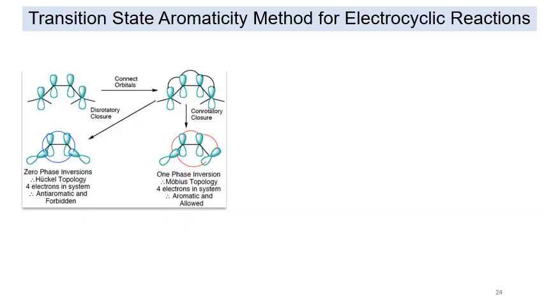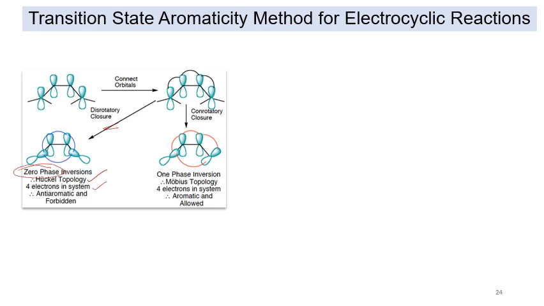In an orbital fashion, we have just taken the butadiene system. Okay, let's see the disrotatory closure. In the transition state, you can see here that there is zero phase inversion. So this is a Huckel topology. How many electrons are there in the system?